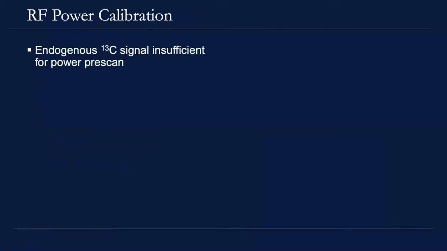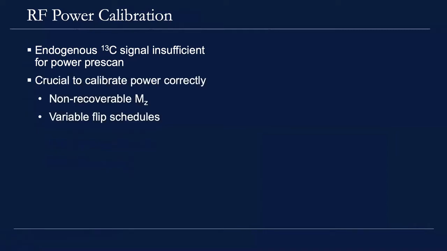So we've got our frequency calibrated, whether it's from a phantom or from the proton water source. Again, we have the same problem with the RF power. Endogenous carbon signal here, even if we can see a little bit of endogenous fat for frequency calibration, is not going to be enough to do a power pre-scan. It's really important to get this RF power calibrated correctly, right?